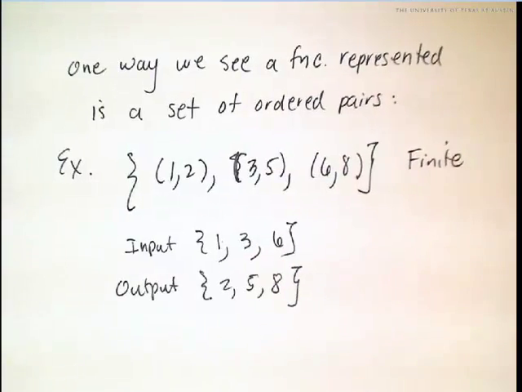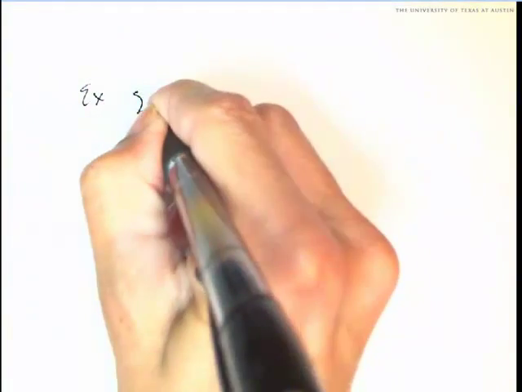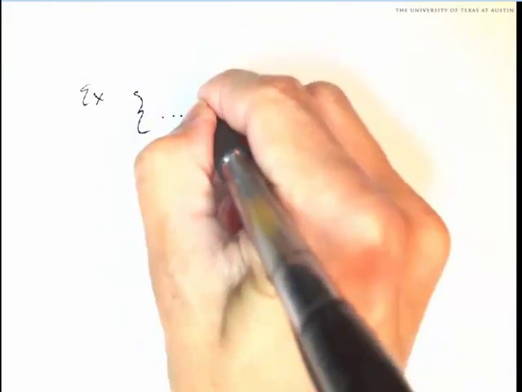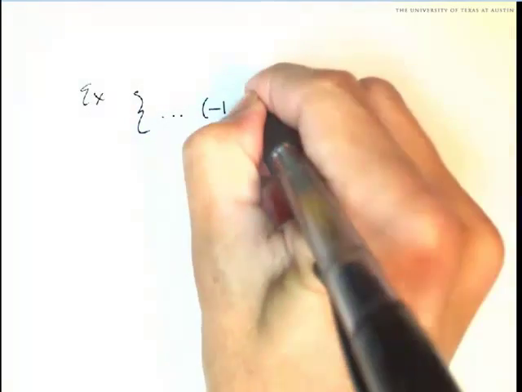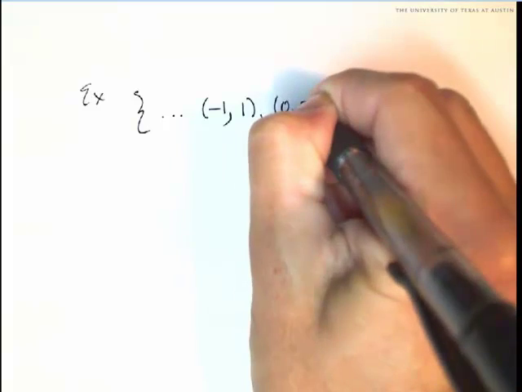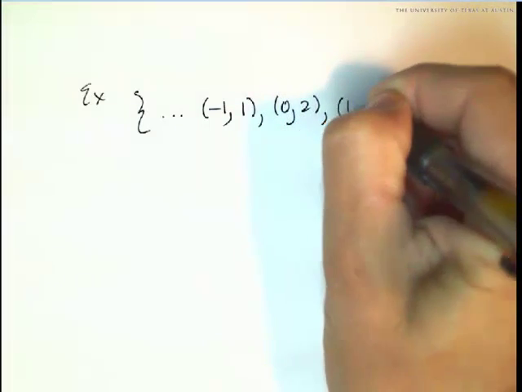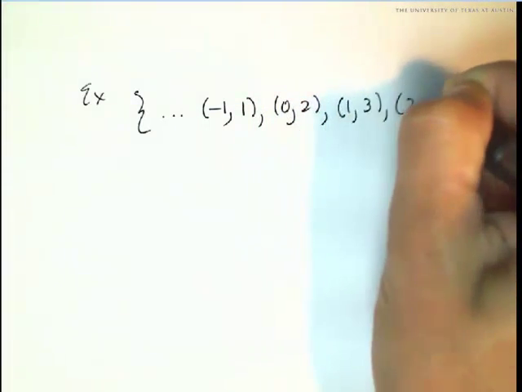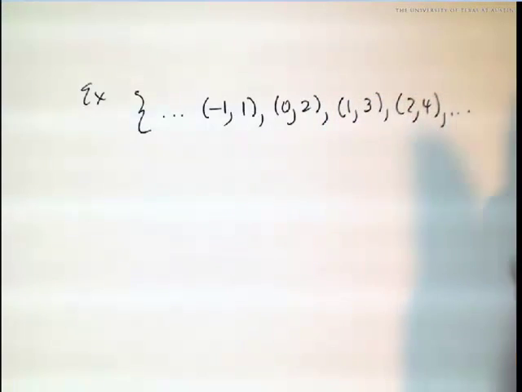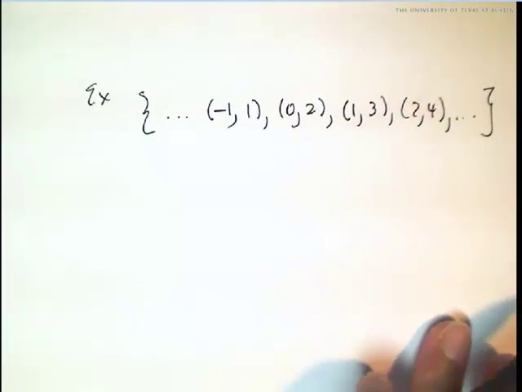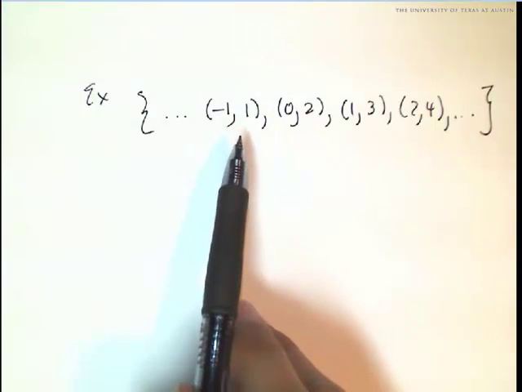We could have a set of ordered pairs that was infinite. Let's look at this example. I'm going to use these dots to represent that this pattern that I'm about to display repeats. You all could probably see the pattern that is developing here.